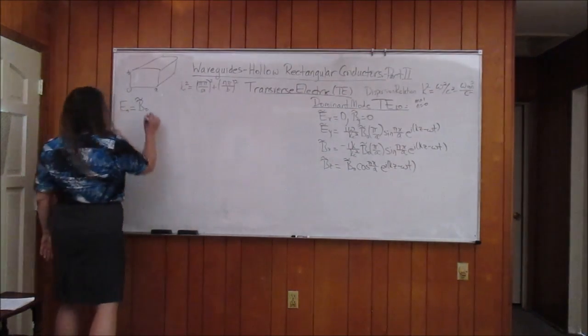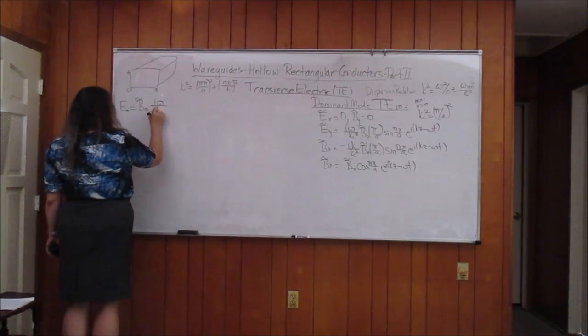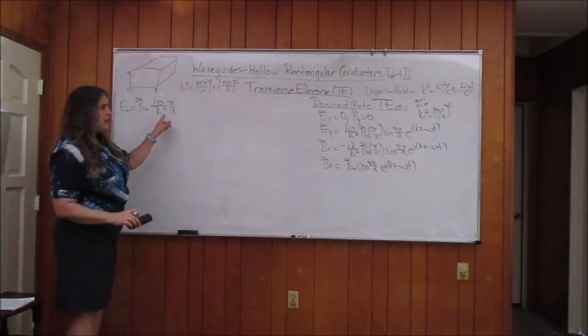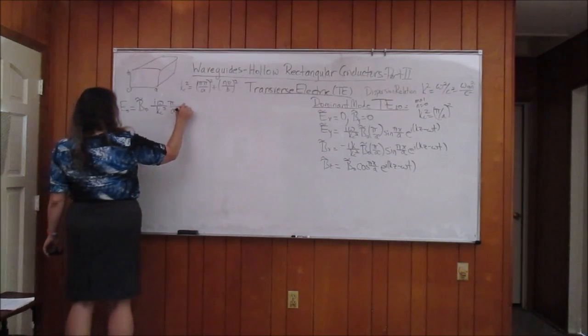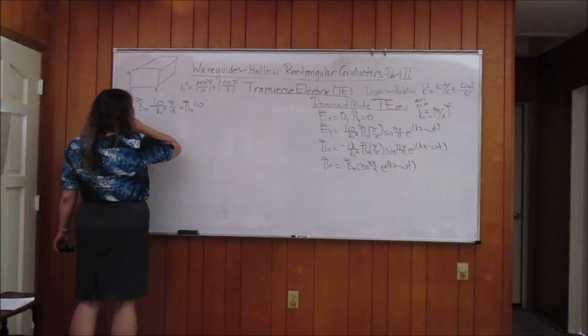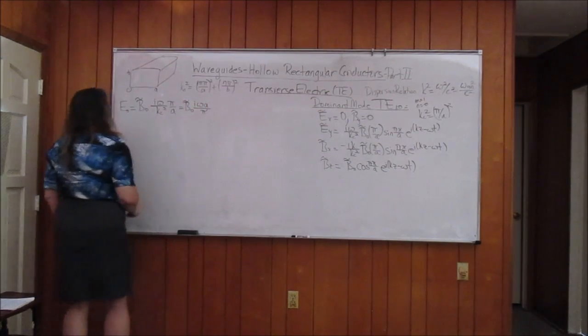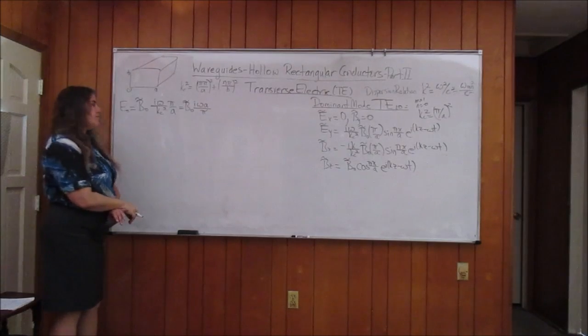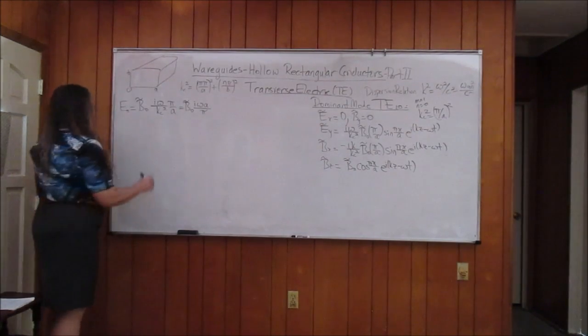So let's say that B naught is equal to i E naught times i omega over kc squared pi over a. But we know that kc is equal to pi over a, so this becomes E naught i omega a over pi. Okay? And I'll make these substitutions in the rest of the expressions.